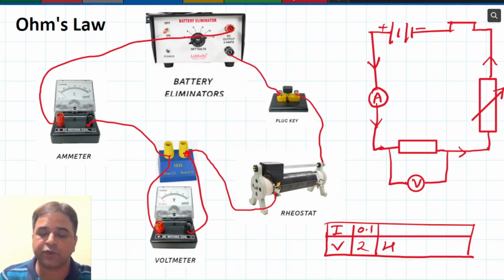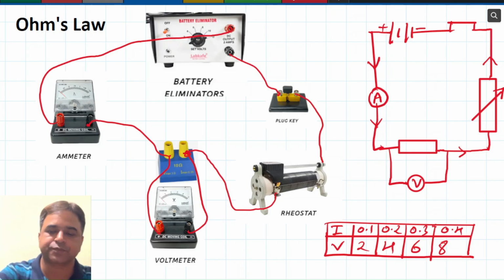Suppose if you increase it and the value coming for electric current is 0.2 ampere. Same way for 6 volt it is coming 0.3 ampere, and then for 8 volt you are getting 0.4 ampere. So these values we are getting.